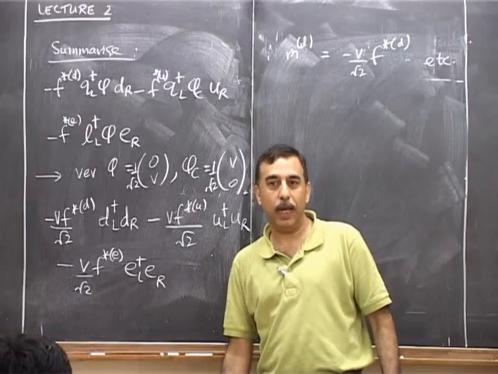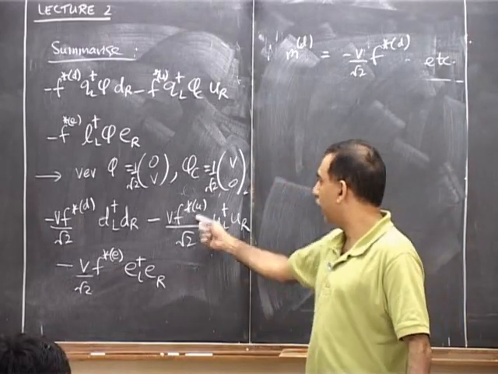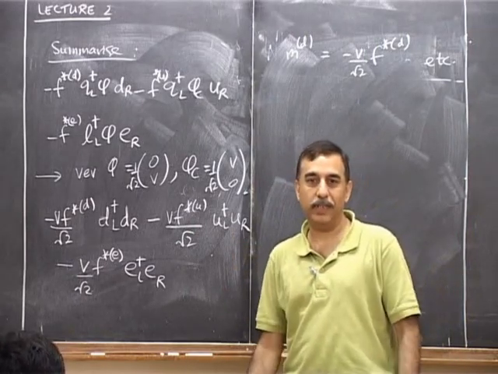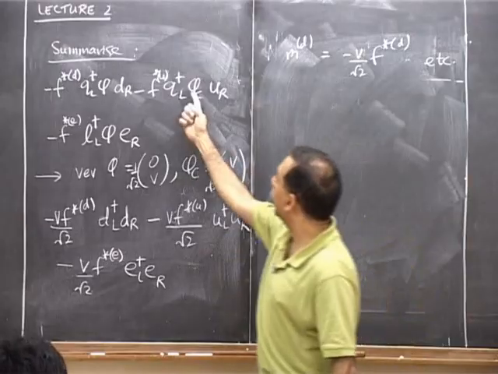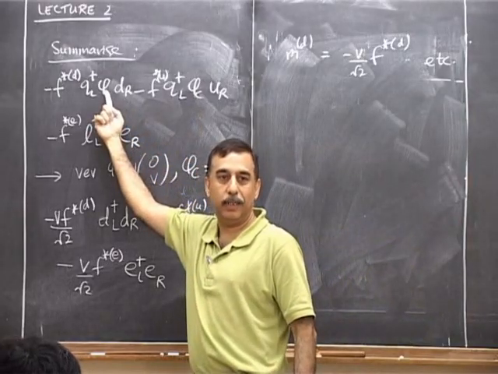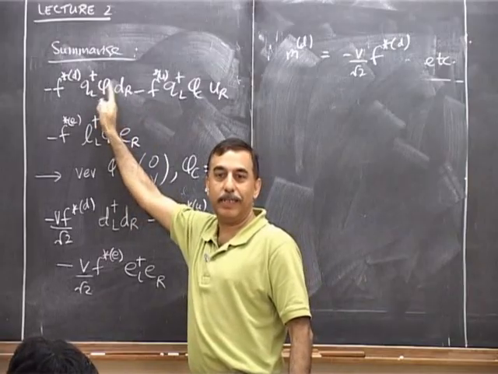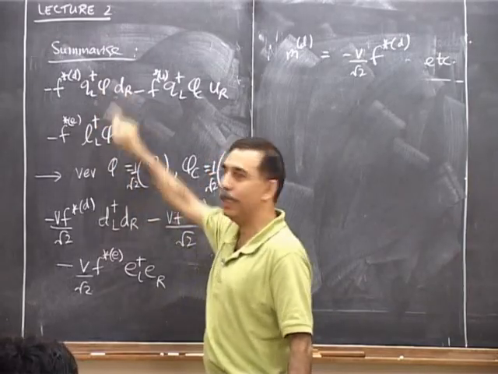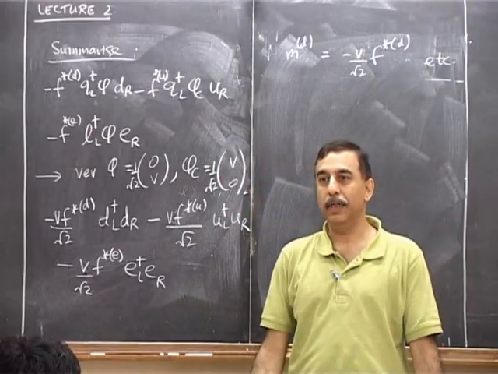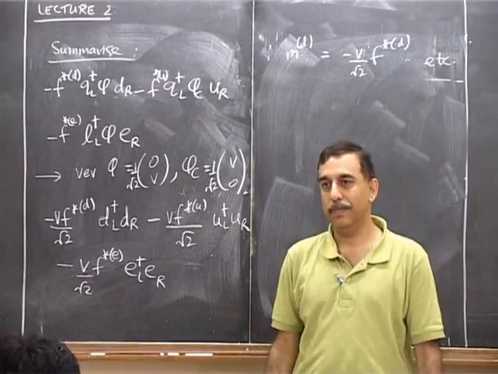But if I do that, then I'm also cranking up the Yukawa coupling of that quark with the Higgs, because the physical Higgs also is contained in this. This is the Yukawa coupling, and phi has to be replaced by v plus eta. So besides giving a mass term, with the same strength it gives a phi d bar d coupling, which means the Higgs interacts most strongly with the heavier quarks.